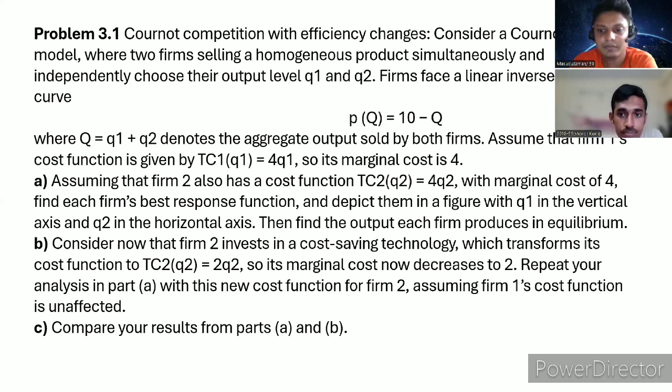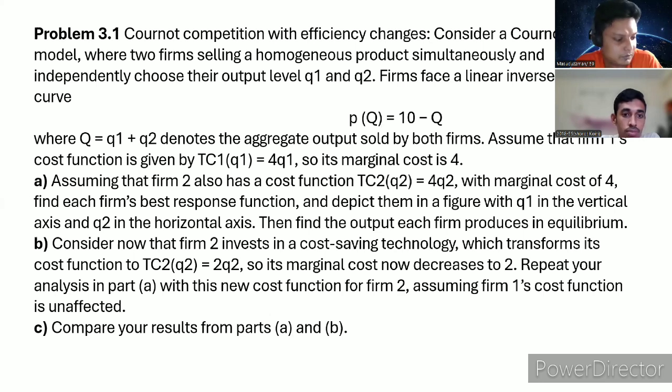Let's start. Here we consider an inverse demand curve P of Q equal to 10 minus Q. Firm 1's output level is Q1 and firm 2's output level is Q2, and the two firms sell a homogeneous product simultaneously.